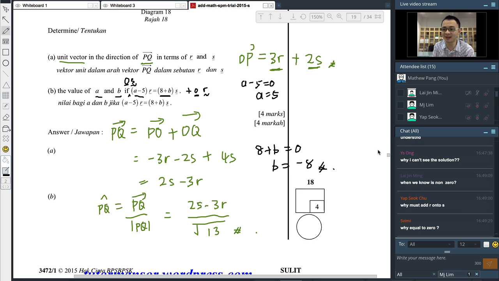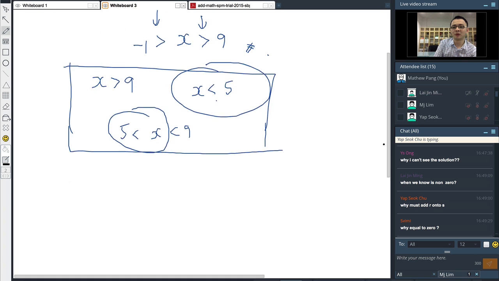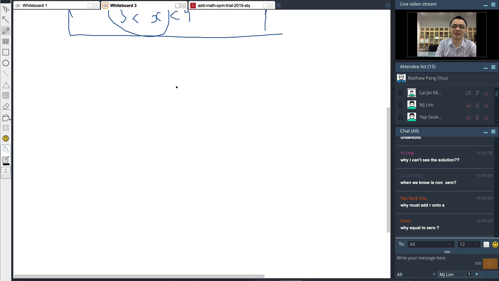Why must we add the R onto S? Why equals to 0? Because in vectors, what we will do is always like this.